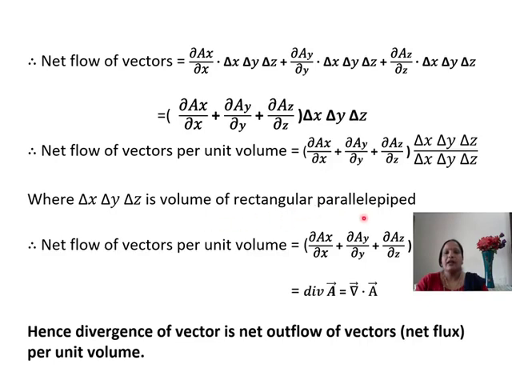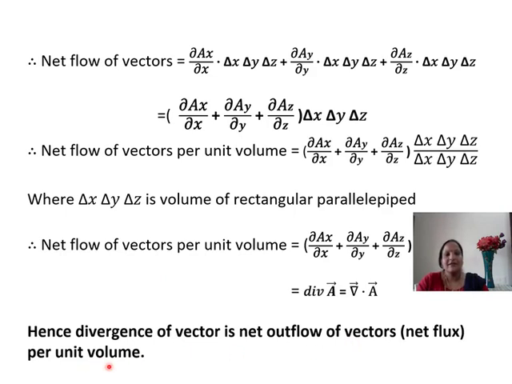the rectangular parallelepiped. So therefore, net flow of vectors per unit volume is equal to divergence of vector A, or is equal to del dot A. Therefore, divergence of a vector is net flow of vectors per unit volume.